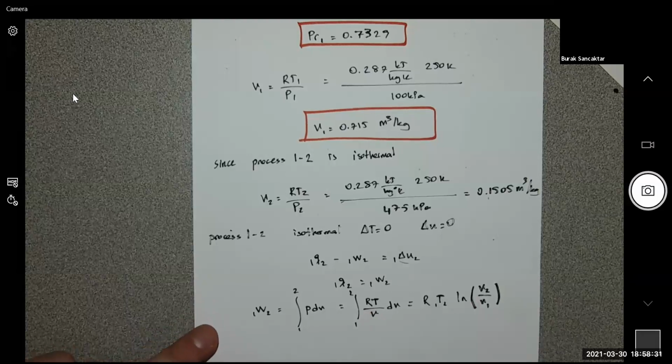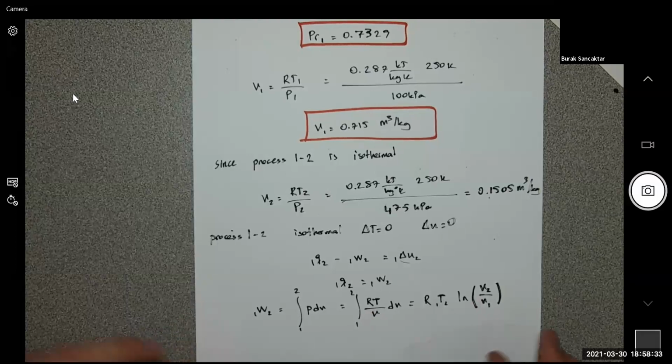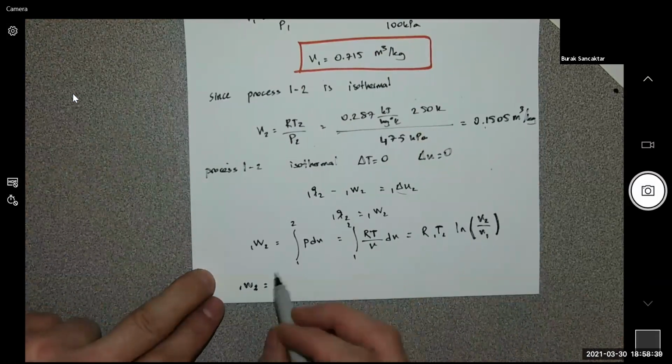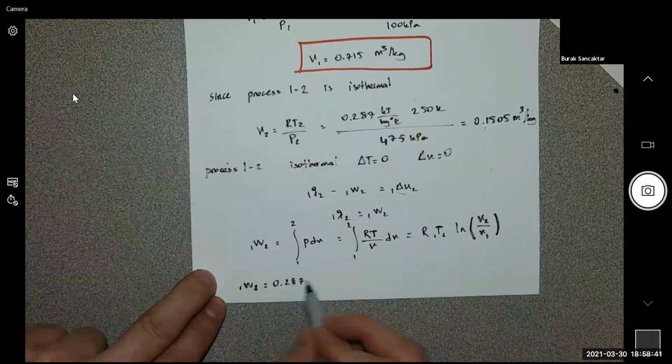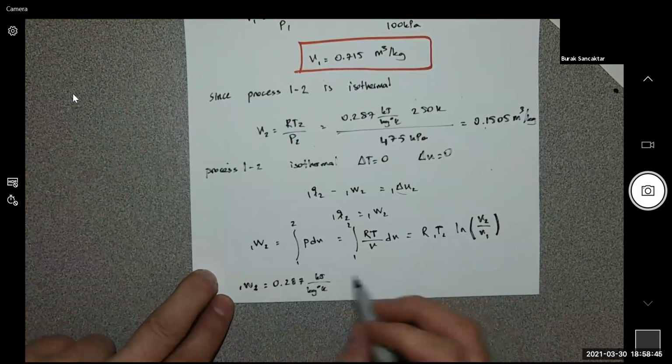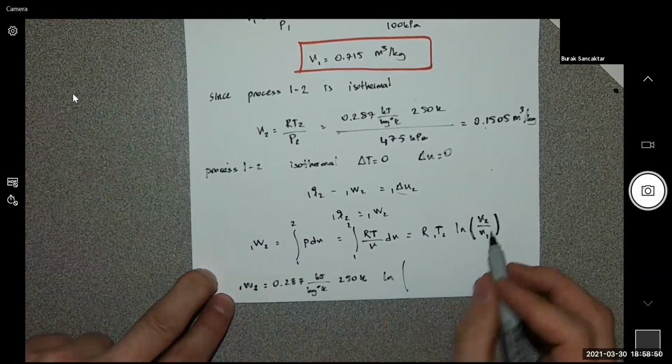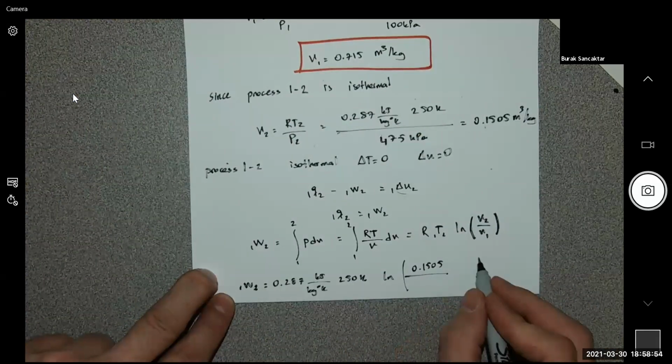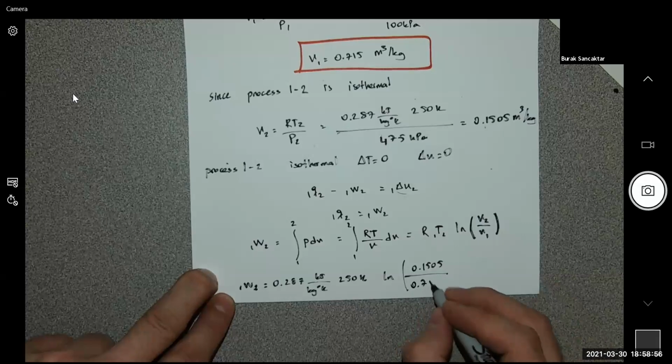All right. So work from state 1 to state 2 will be 0.287 kilojoules per kilogram degree Kelvin times 250 Kelvin, natural log of specific volume at state 2, 0.1505, over specific volume at state 1, which is 0.715.